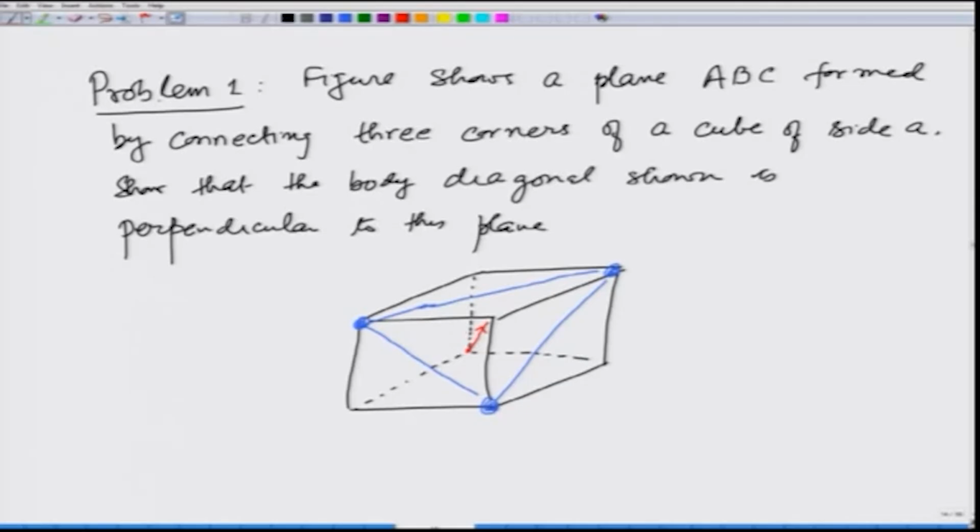And we want to show that this is perpendicular to this blue plane formed by these three points A, B, C.